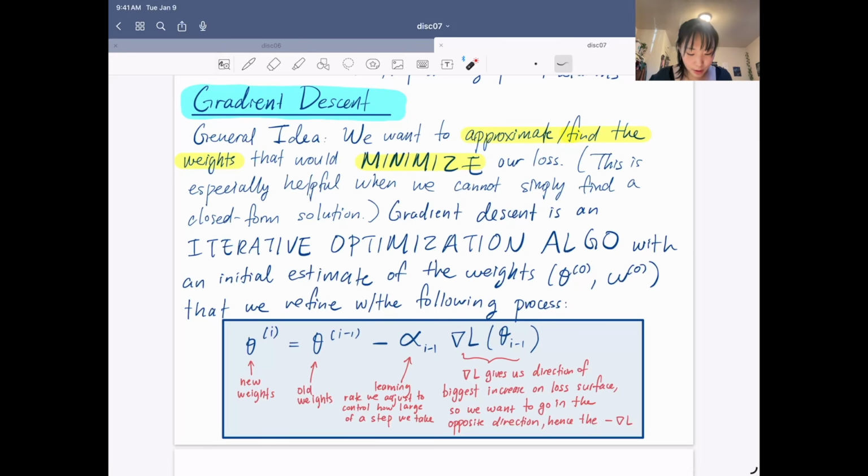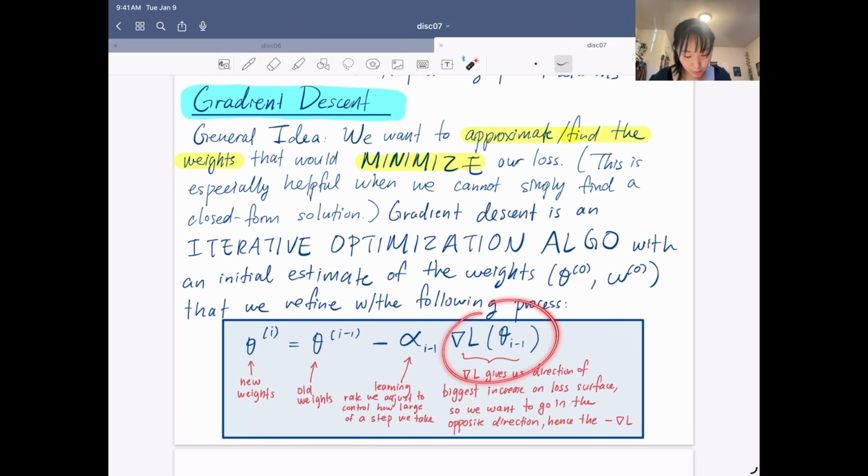Afterwards, we calculate the gradient of the loss function at these weights. Remember, the gradient of L gives us the direction of biggest increase on the loss surface. Because we're trying to minimize the loss, we want to go in the opposite direction of the gradient of L. Hence, we have the negative gradient of L, which says we want to go the opposite direction of greatest increase to try to get to the minimum.